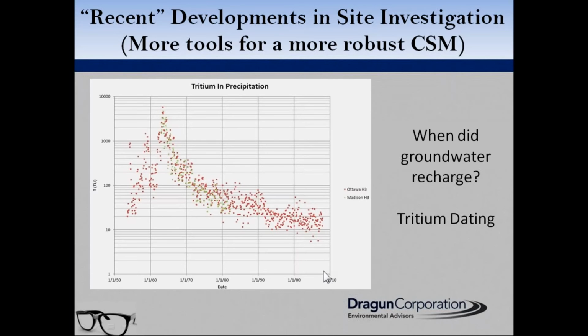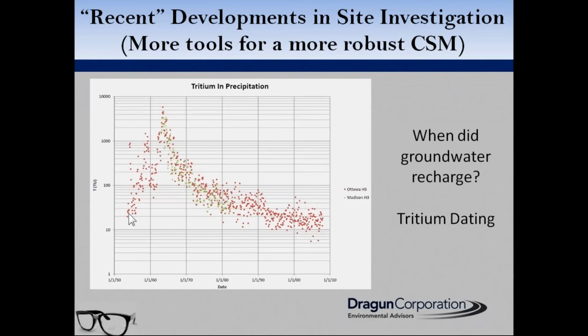There have been organizations around the world that have collected precipitation, usually at airports, and they conduct tritium analysis. The longest record in North America is at Ottawa, Ontario in Canada. Those are the reddish dots, and the greenish dots are an American example at Madison, Wisconsin. So you can see the profile here.